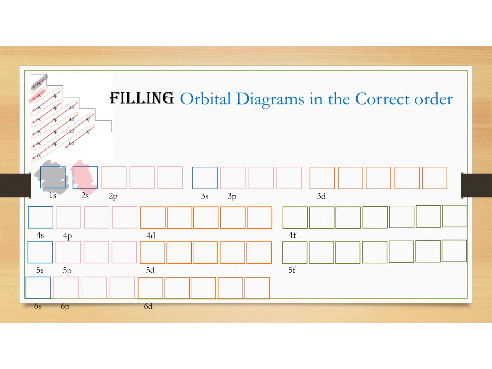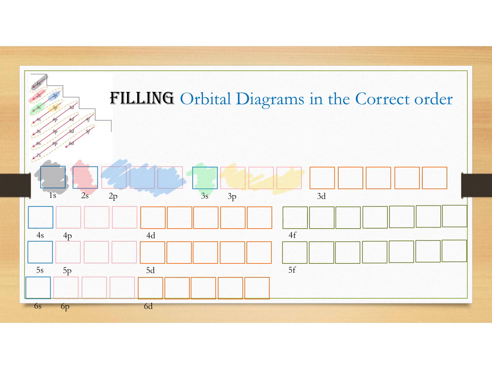Once I get the 2s filled, I move on to my next order of operation, which is the 2p. So then I will fill these 3 boxes here. What happens when I get done with the 2p? I fill the 3s. So then I move down and I fill this 3s. Follow the line back up. I then follow the 3p.